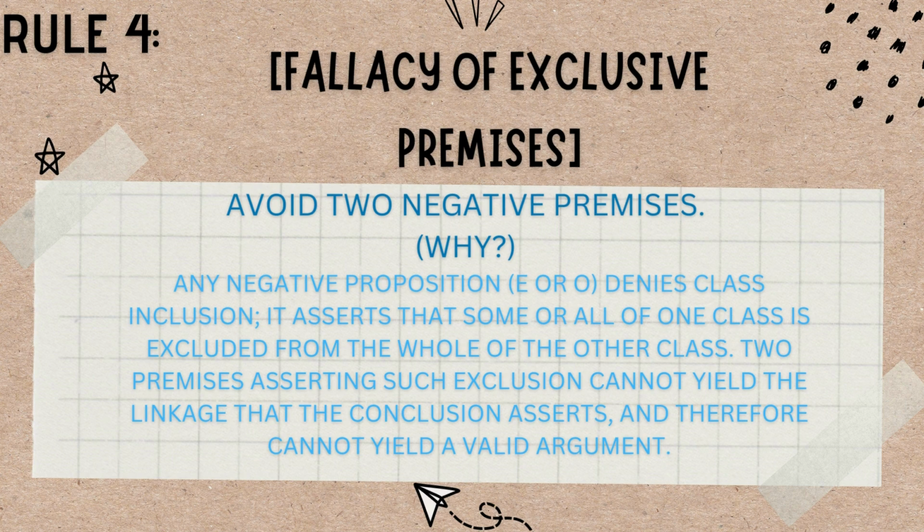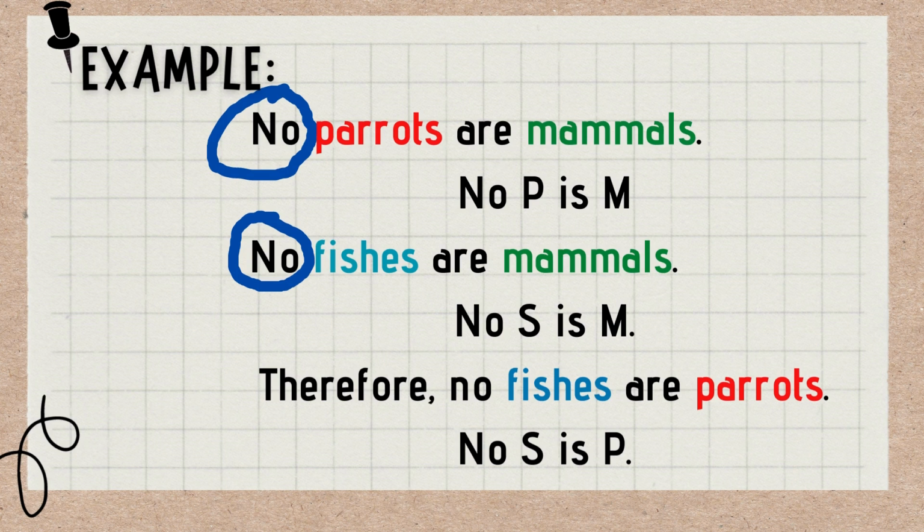So let's check an example to understand better. No parrots are mammals, no fishes are mammals, therefore no fishes are parrots. Why has this syllogism committed the fallacy of exclusive premises? Because both of its premises are negative. No P is M, which is universal negative.